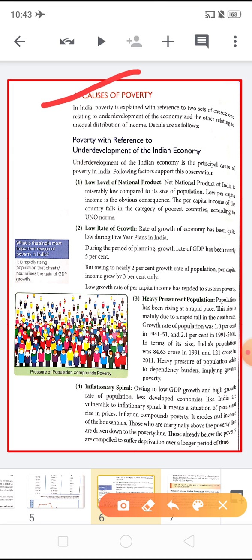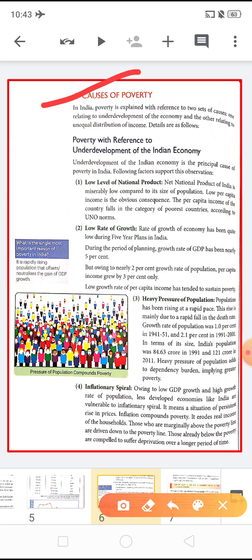Moreover, access to health care is denied to the poor. The major victims of caste and other discriminatory practices are among the various reasons behind the increasing poverty in our country. Some of the important causes of poverty we are explaining here.